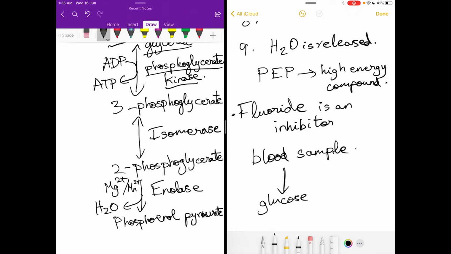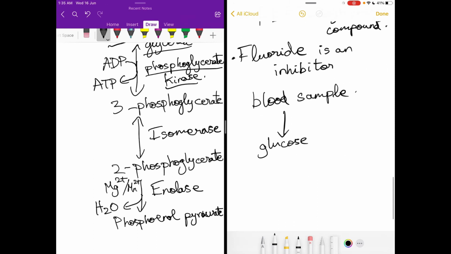So for the estimation of glucose in a blood sample, we add this fluoride, which is basically an inhibitor of glycolysis, right? Of course, if fluoride is going to inhibit enolase, it is going to inhibit glycolysis at one part, right? At the 9th reaction, right? So basically why we do this is to prevent the breakdown of glucose, which is glycolysis, in our blood sample, so that we can estimate the accurate value of blood glucose of the patient.